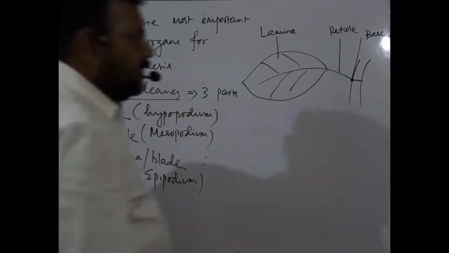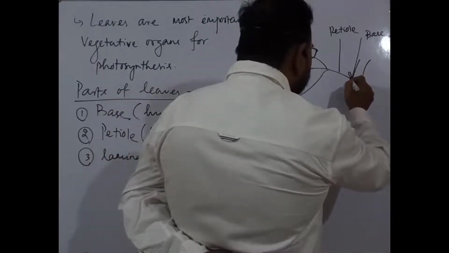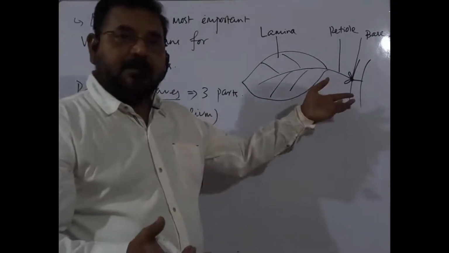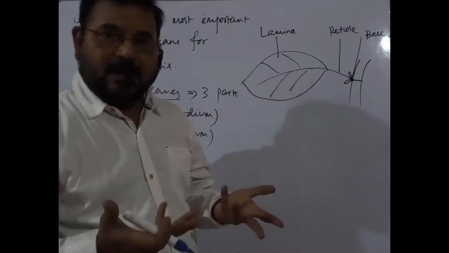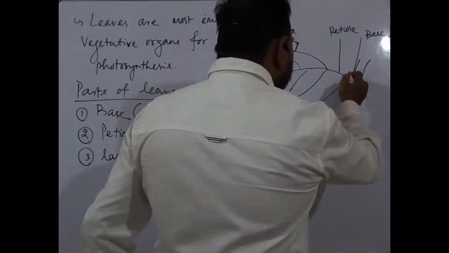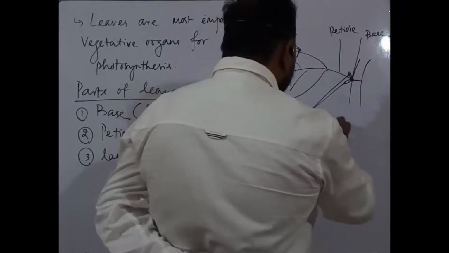At the base of the leaf, two lateral small outgrowths may be present. In some leaves these outgrowths may be present, and in some leaves they may not be present. These two outgrowths are known as stipules.